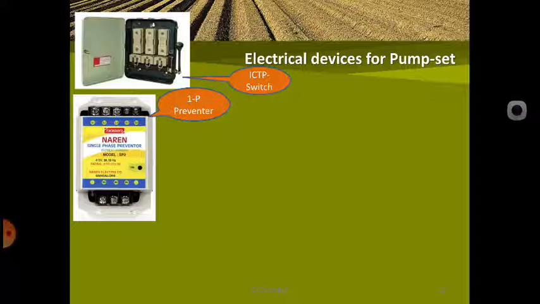If single phase is given, it will try to draw more current to run the motor, and due to the low voltage the motor will burn out.